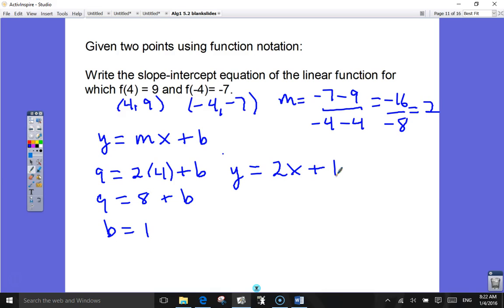How could you check to make sure that's true? Plug the 1 in for b. You can plug in the points and see whether you get a true statement, right? 2 times 4 plus 1 is 9. 2 times -4 is -8, plus 1, -7. So that's the line. You should be able to just plug in the points and see which ones work.